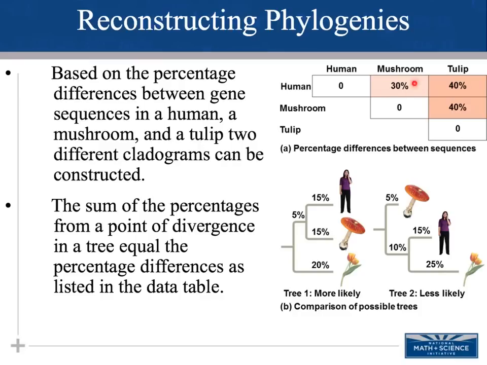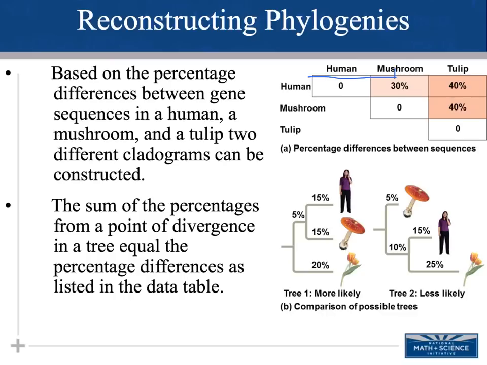Whenever you're given a table that has numbers, those numbers are going to represent differences between gene sequences. So to read the table, we have human, mushroom, tulip, human, mushroom, tulip. Between human and human, there are no differences, and we expect that because they're the same organism. Between human and mushroom, there are 30% gene differences.